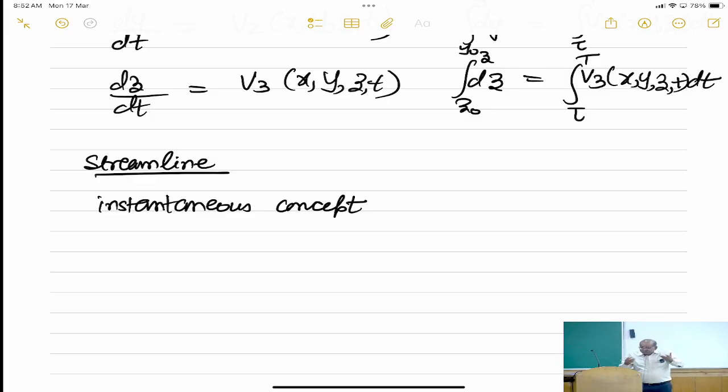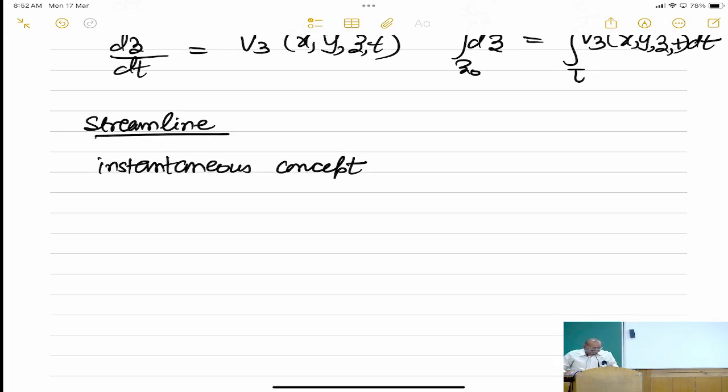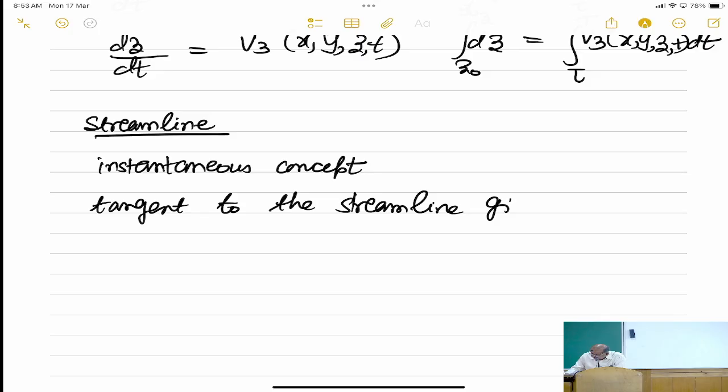But streamline as a concept, what we have is that the tangent to the streamline gives the direction of velocity.